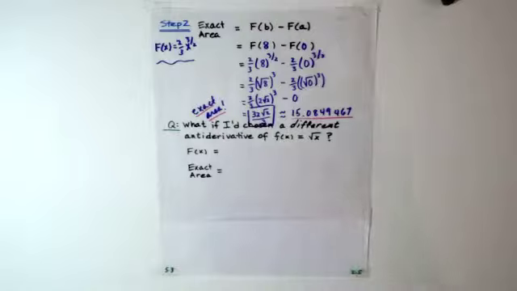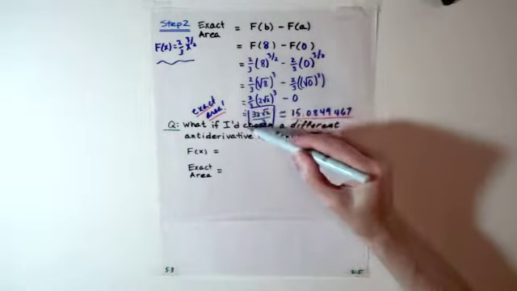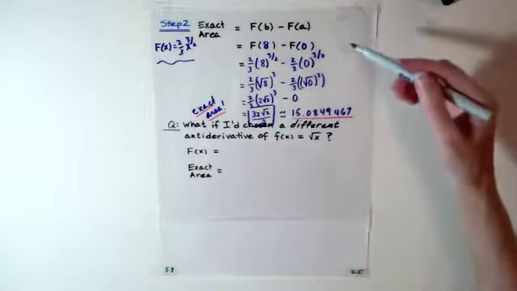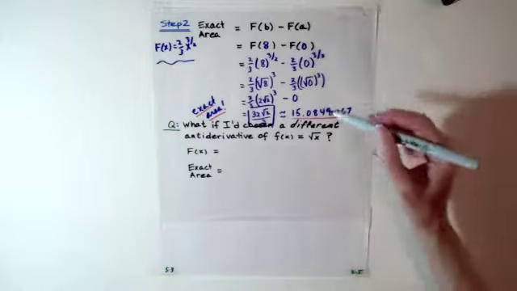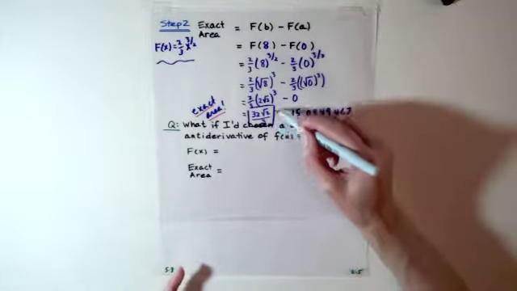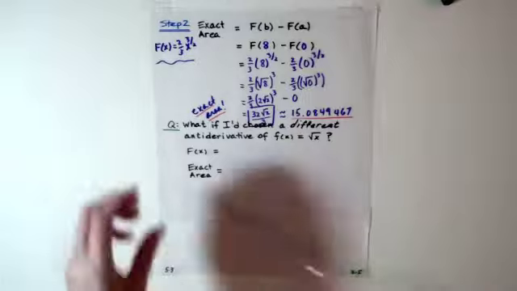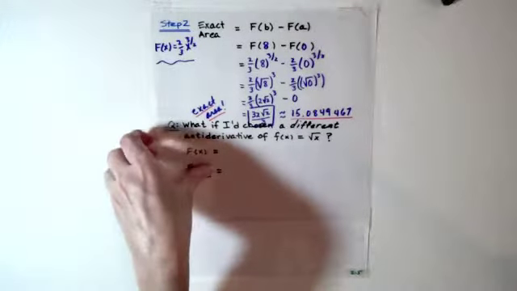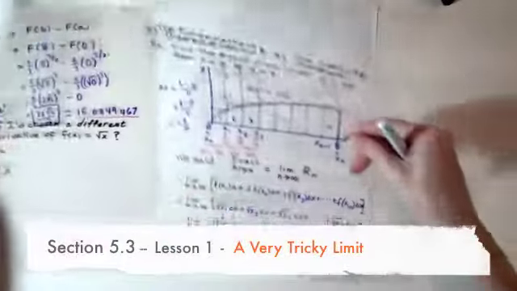I just want to remind you as well that not only have we found the exact area in a very easy way, but this exact area that we found was the answer to that really tricky limit that we had earlier.